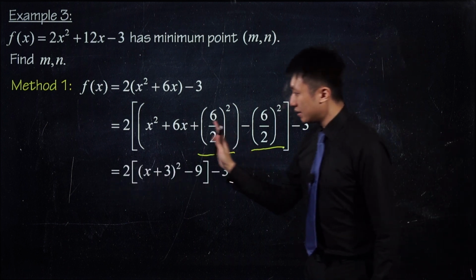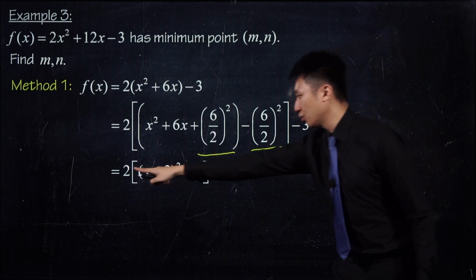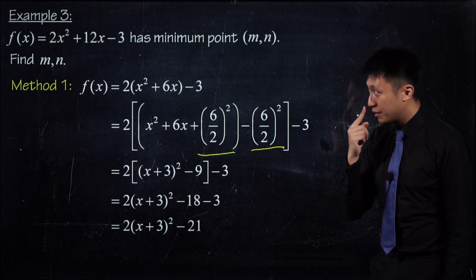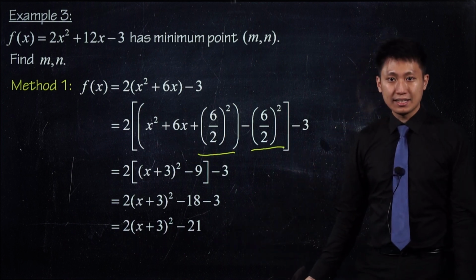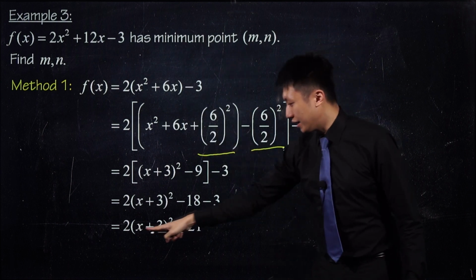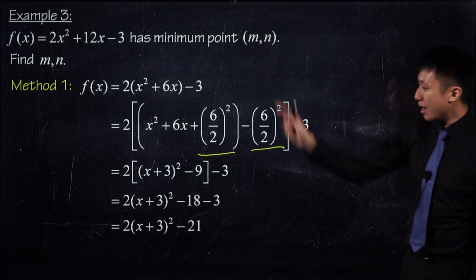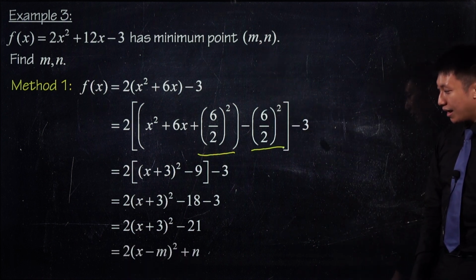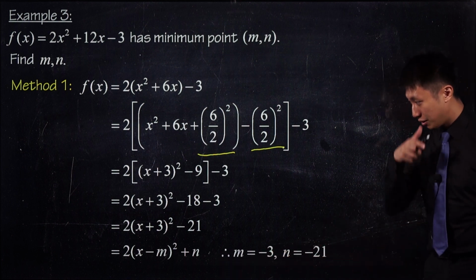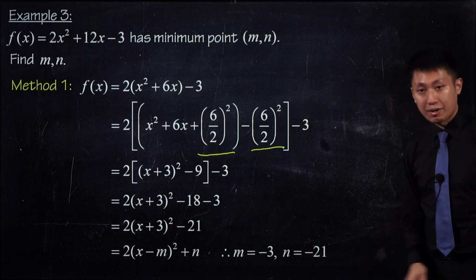Combine that part, multiply outside, then combine, and you get that one. From here, you can directly see that m is your x coordinate, so x plus 3 equals 0, x equals minus 3, so m is minus 3, and n is minus 21. Did I say plus 21? It's minus 21.